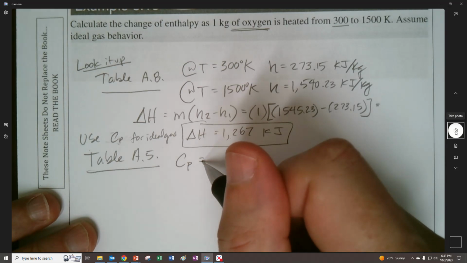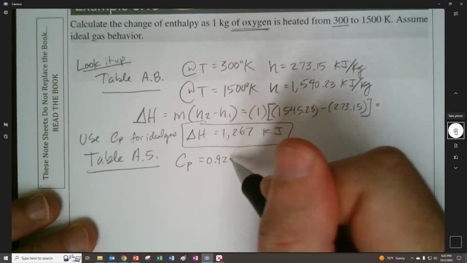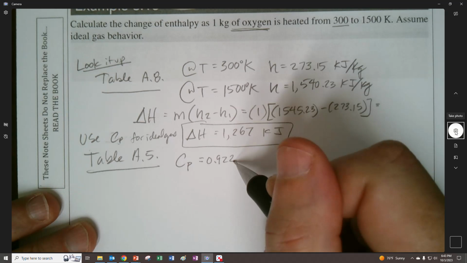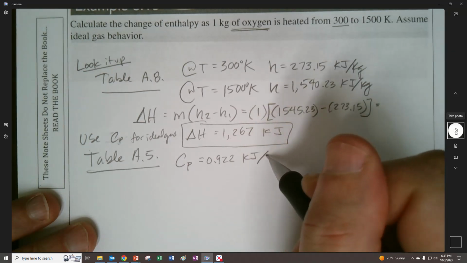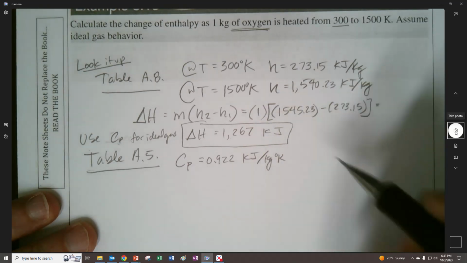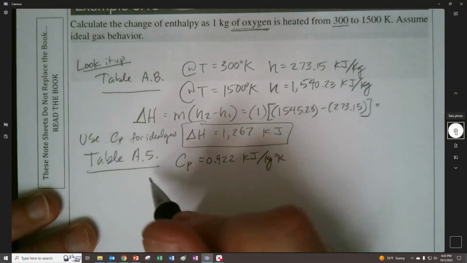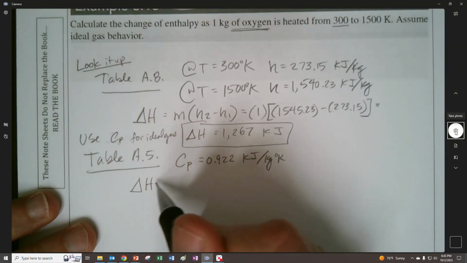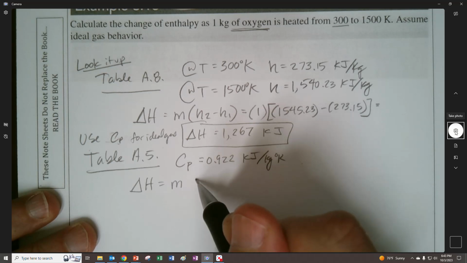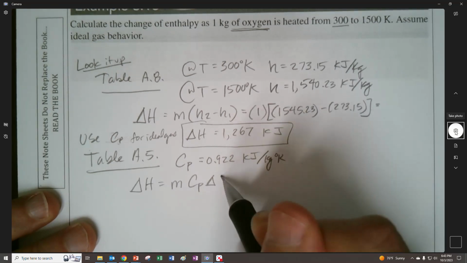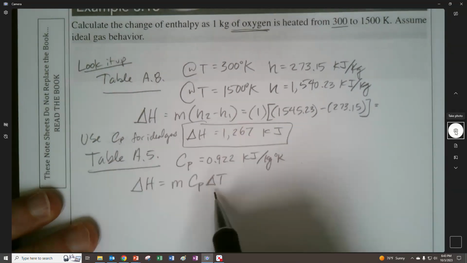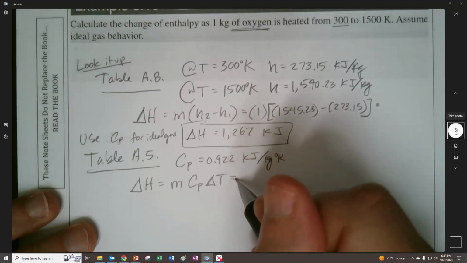And so when we want a capital H, all we do is go mass times C sub P times delta T. Get used to that formula. You'll see it often.